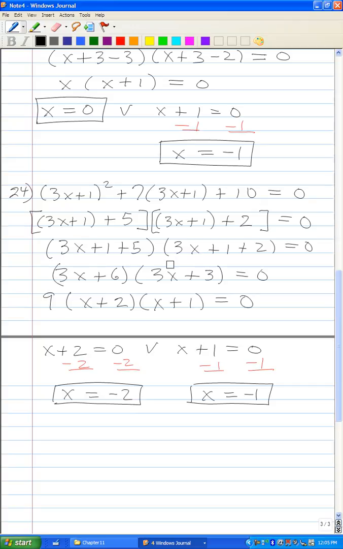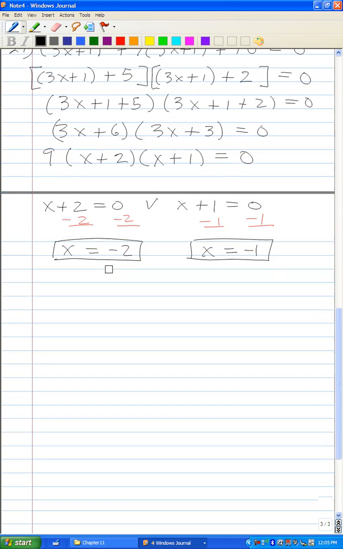I could have done it by just solving 3x + 6 = 0 and 3x + 3 = 0, and I would have gotten the same answer. But I wanted to show you how to factor out 3's from each of these factors. Let me do problem number 28.